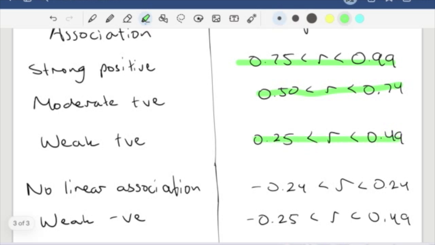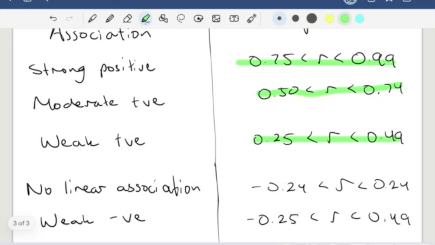Because remember, we can get a strong association, but in the negative direction as well. Strength and direction of association are two different things. So you can have strong, moderate, and weak ones in the negative direction also. But this allows us to classify the strength of association.